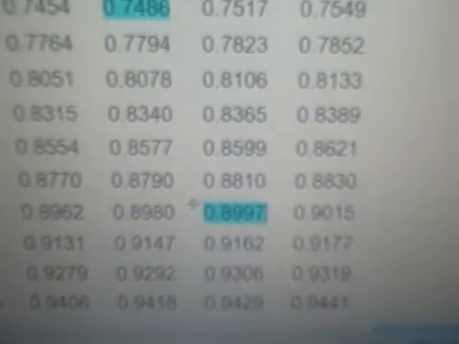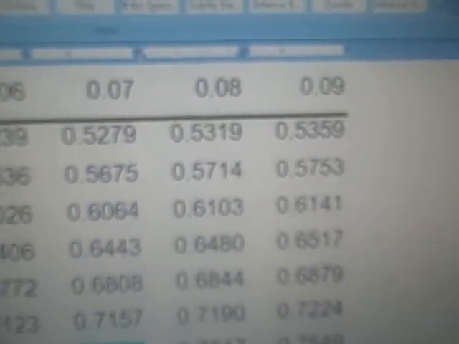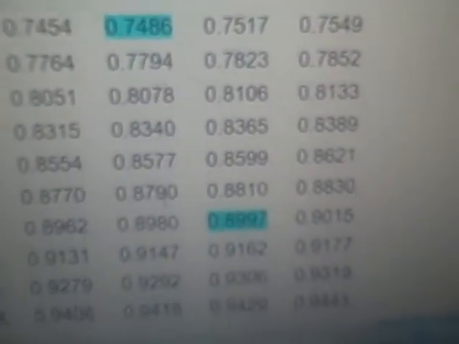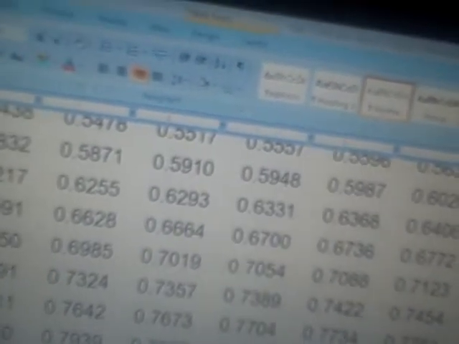We also have 0.9015, but this one is the closest to 90%. And that corresponds to 1.2, as you can see, and then here is an 8 on the top of the page. There's the 8. So that comes out to 1.28, and now let's go back to our document.